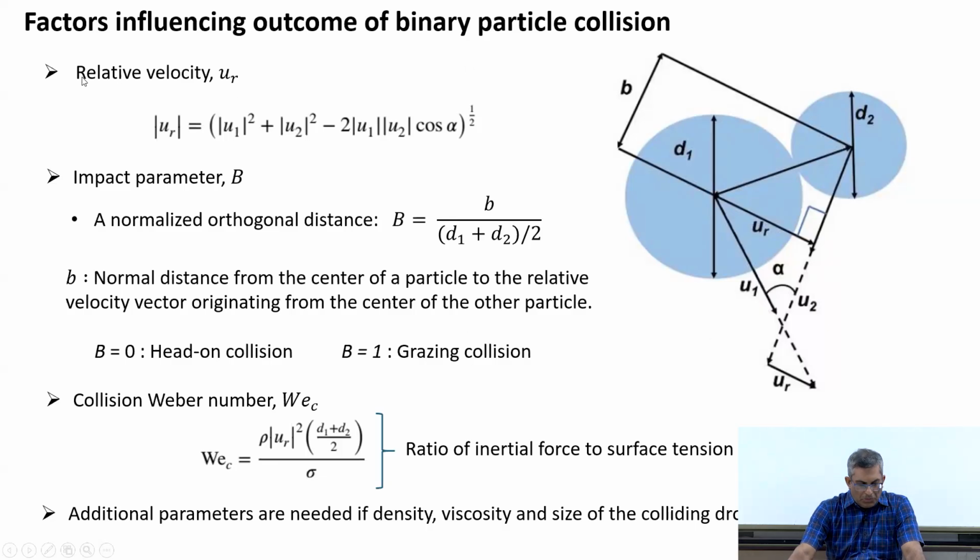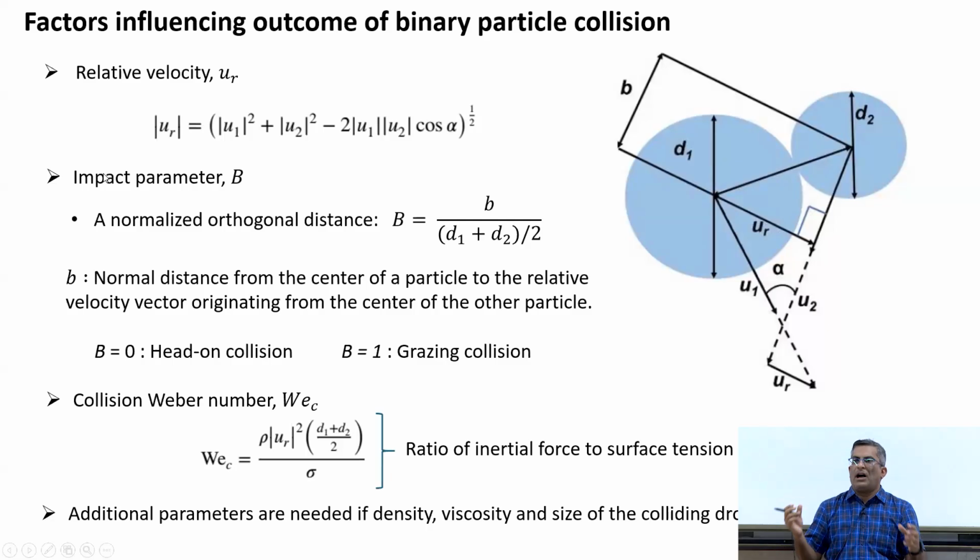It is the relative velocity which is important here, which dictates the collision process. How do we define relative velocity? If we know the individual velocities, we can calculate the relative velocity as the vector sum of the individual velocities. Then there is a very important parameter called the impact parameter.